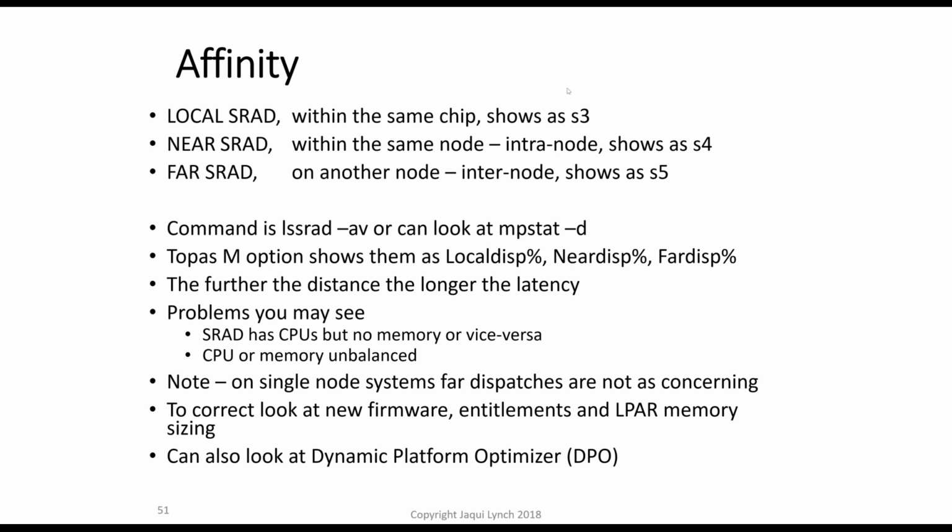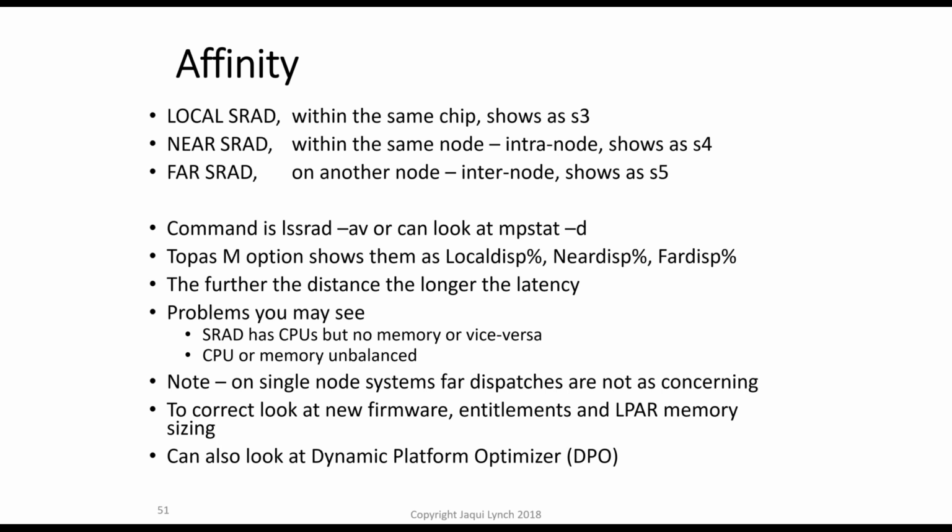One of the other things I want to talk about very quickly is affinity, and what I'm talking about is how memory is assigned to the actual LPAR. Remember I said that if I have a 4-socket system, I have memory that's within the same chip, memory that's in the same node, memory that's across another node. That's typically with an E870 or an E880.